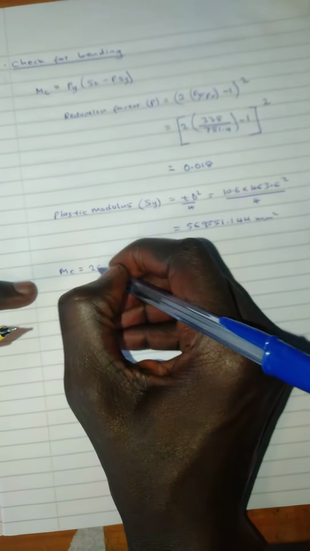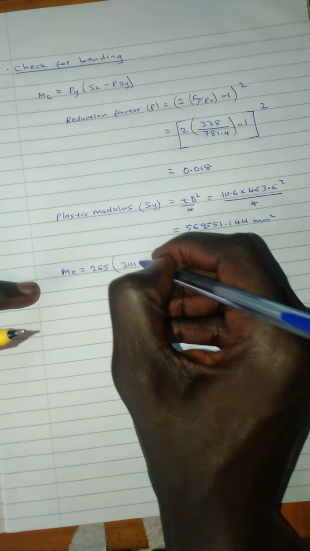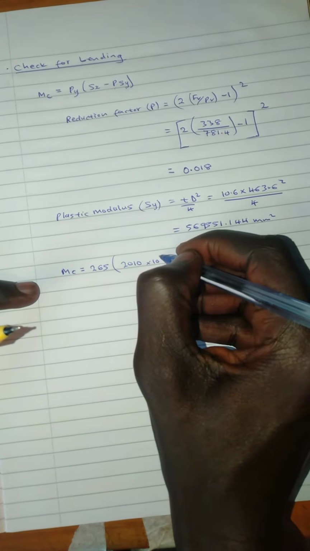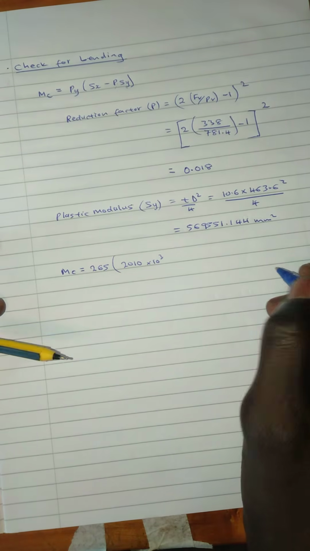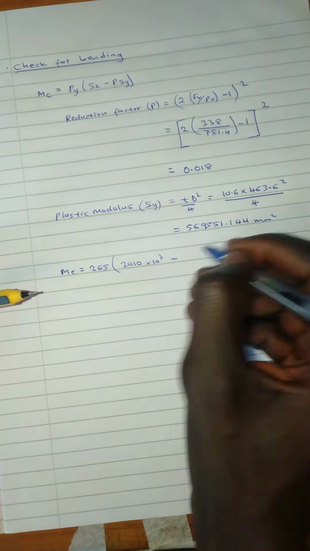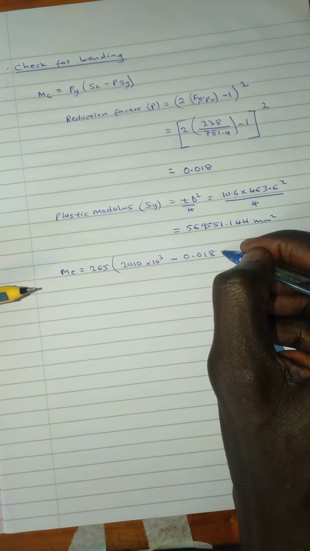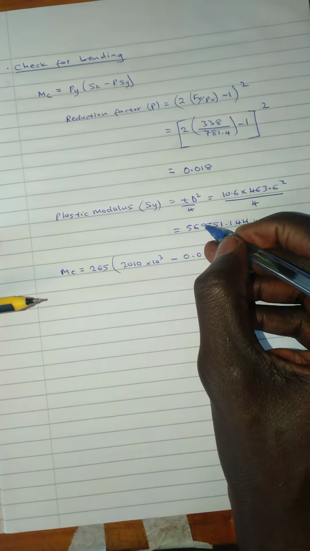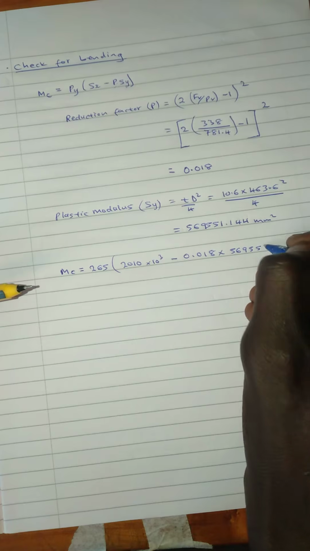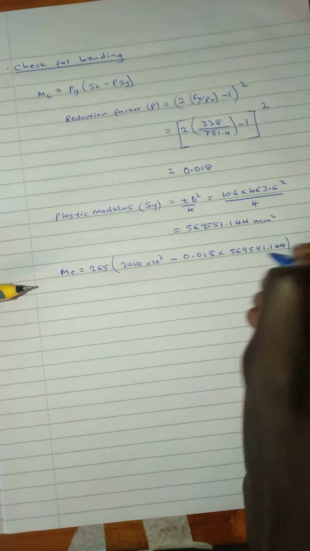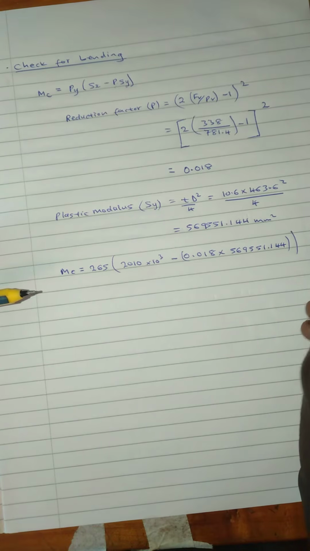So let's calculate the MC using this formula now. Py we have is 265 into 210, so change it into centimeters, and then minus P, this one, 0.018 times this value, 569,551.144, and then we'll close the bracket.